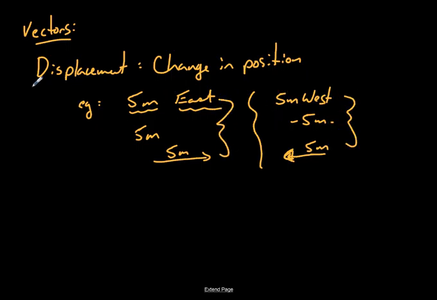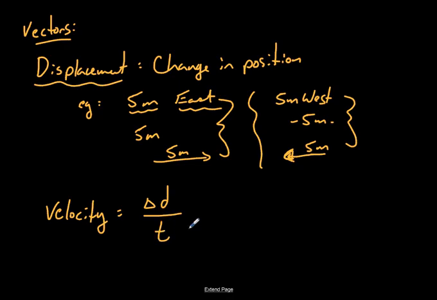So that's vector displacement. Any value that you get that has a vector value input ends up being a vector as well. So in this case, velocity would be an example of that. Velocity is found as your displacement, which we often write as delta d, over time. Time is not a vector value, it's a scalar value, but displacement is, and therefore the value you get from it, velocity, is also a vector value.